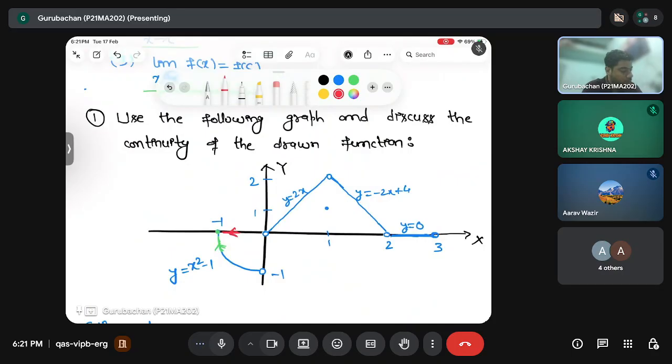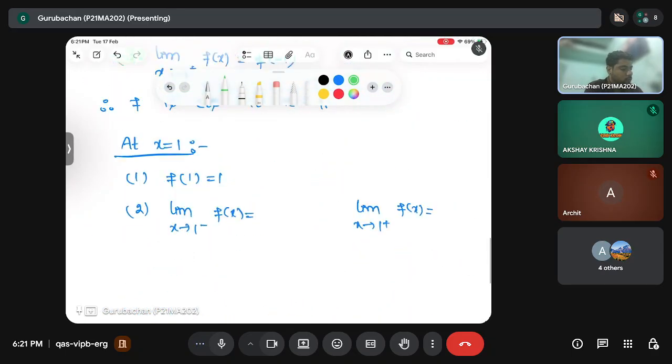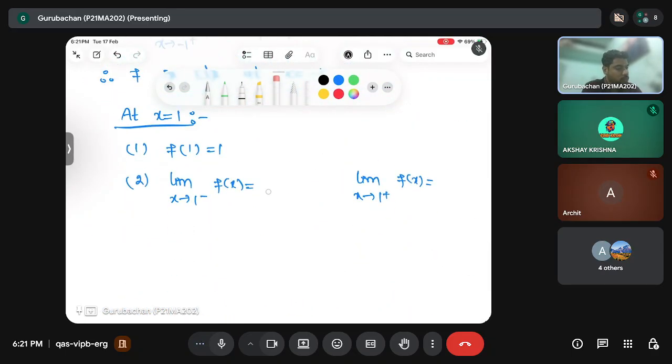So now see, if you come from this left hand side, where is your function going? 2, sir. And what about the right hand side of this one? Same, 2. So this is 2 and this is also 2.